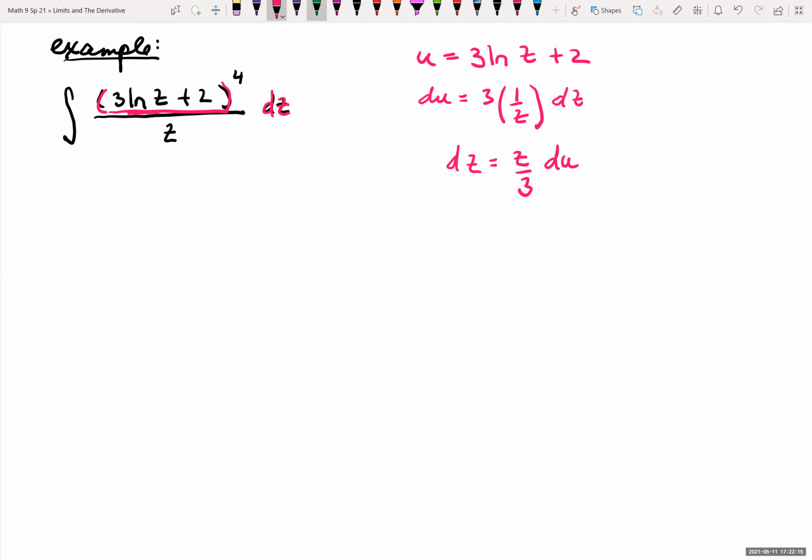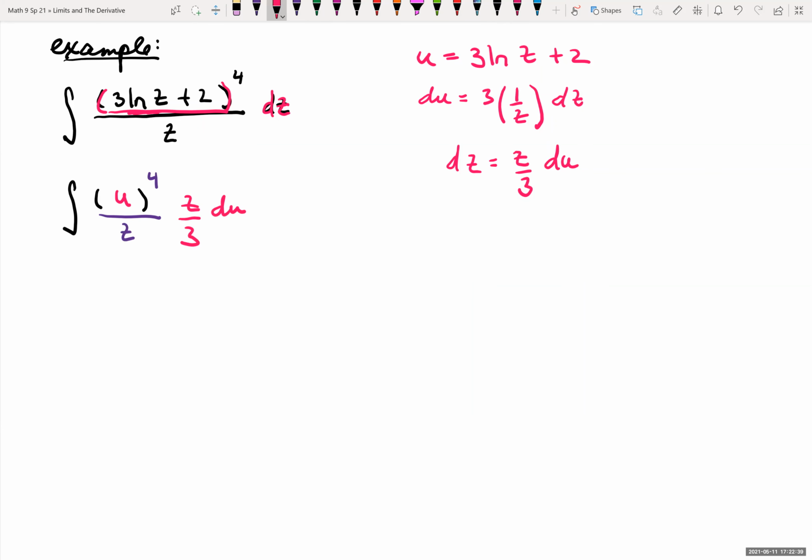So let's go back and substitute in what we have. And so we have the indefinite integral of u raised to the 4th power all over z times dz, and dz is z over 3 du.